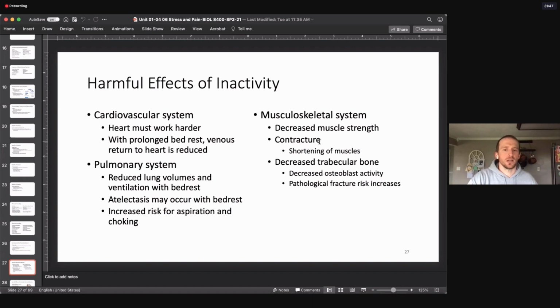And so you see shortening of muscles because they're not being stressed, so there's no reason for them to stay. Strength goes down. And then one of the interesting features is that you lose trabecular bone. And what that does is it increases the risk for fractures, pathological fractures, as a result of thinning and deconditioning bone.